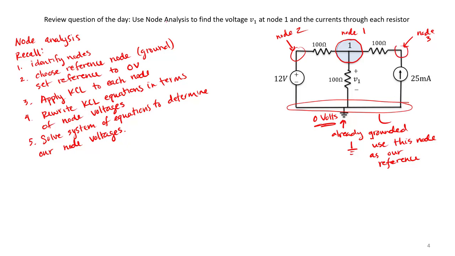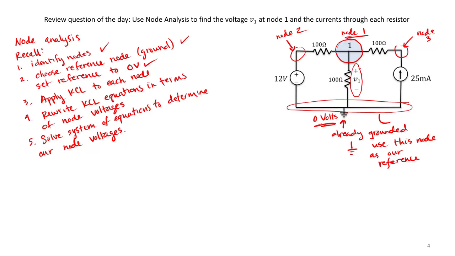Okay, so we've identified our nodes, and we've chosen our reference node. Let's go ahead and apply Kirchhoff's current law to each node in our circuit. In this case, let's focus on node 1 because that is the node that we are trying to find the voltage of.